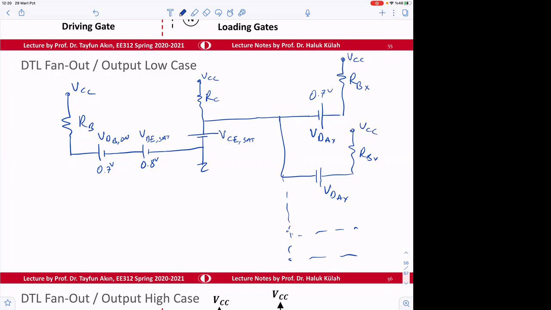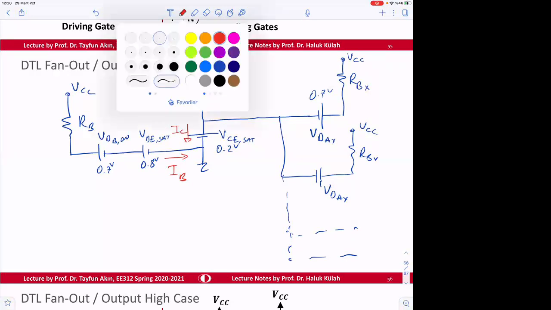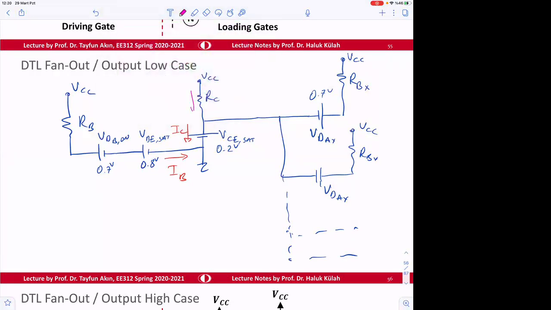And this voltage is 0.2 volt, and this current is going to be I base, and this current is going to be IC, and the IC will have two currents, IRC, and then this current, and then this is going to be N times I in prime.